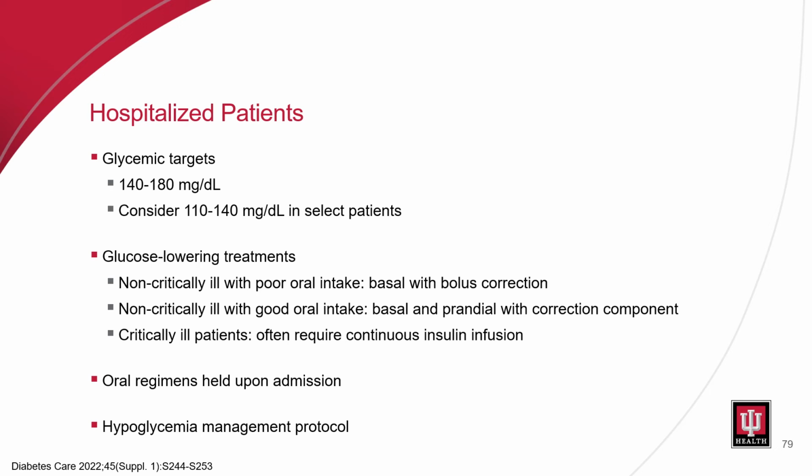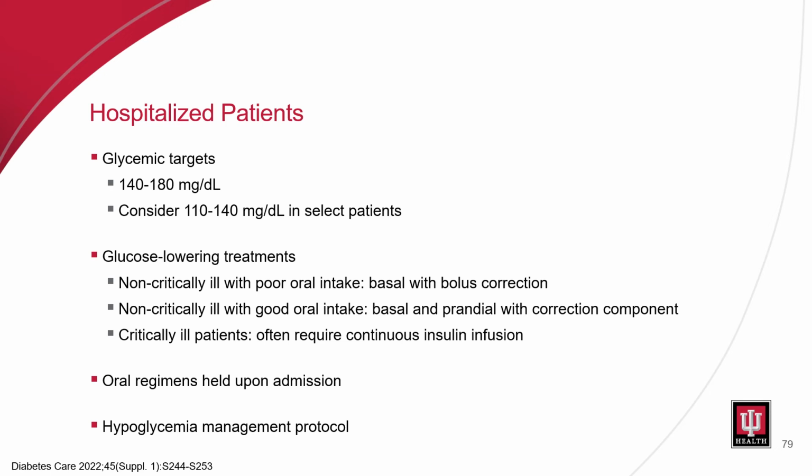Glucose lowering treatments may be a little bit different depending on the type of patient that you're taking care of. However, whenever they're in the hospital, this surrounds around insulin therapy. For non-critically ill patients with poor oral intake, we'll often start basal insulin with some sort of bolus correction insulin.